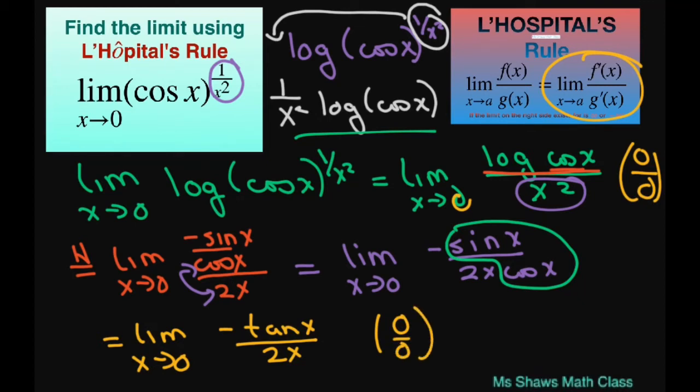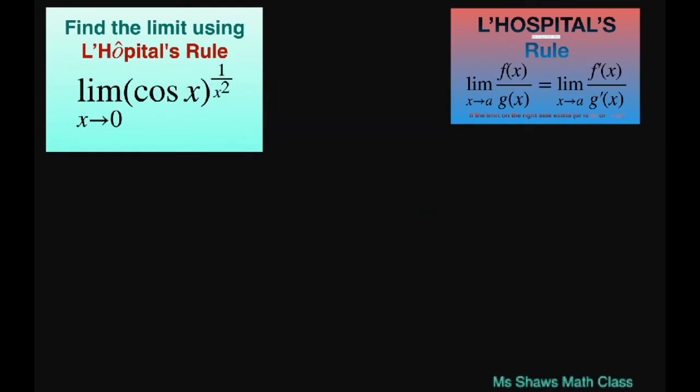So I'm going to apply L'Hopital's rule again. So keep this one in mind. We have negative tan of x divided by 2x. So when you apply L'Hopital's rule again, we get the limit as x approaches 0, and I'm applying the rule, and we had negative tan of x, so the derivative of negative tan of x is negative secant squared of x.